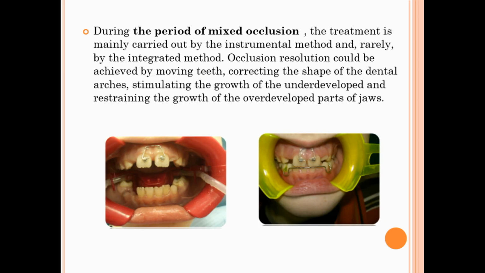During the period of mixed occlusion, the treatment is mainly carried out by the instrumental method and rarely by the integrated method. Occlusion resolution could be achieved by moving teeth, correcting the shape of the dental arches, stimulating the growth of the underdeveloped, and restraining the growth of the overdeveloped parts of jaws.